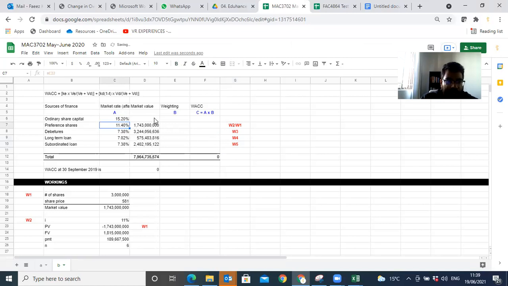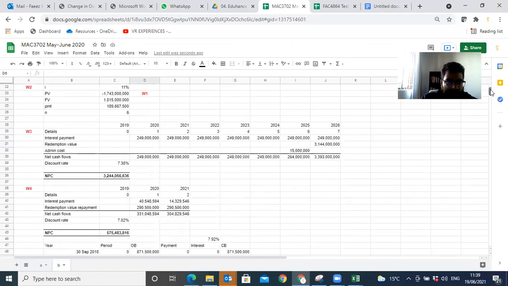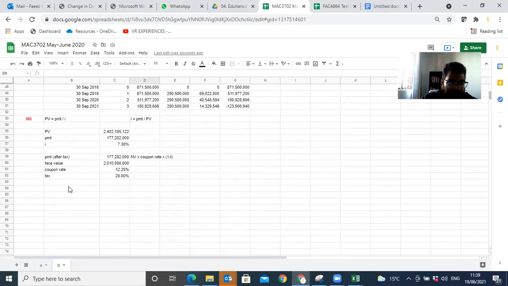So there we go. Now I'm going to just work out the market value, which is going to be under working 6. So in the scenario, in the introduction, they gave us the number of shares that are in issue. They told us 50% of authorized shares are in issue. And they also gave us a share price. So I know number of shares in issue, I also know share price.